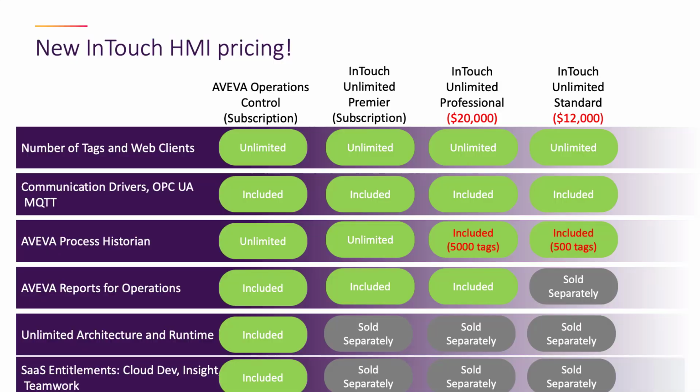This is a term that we're using in a new product category called InTouch Unlimited. One of the things that we've done is improve the commercial model. That's a different way of saying we've reduced the InTouch Unlimited pricing by almost 30%, while at the same time including a very high performant process historian that offers what would traditionally be smaller application projects a more feasible entry point to use this historian.